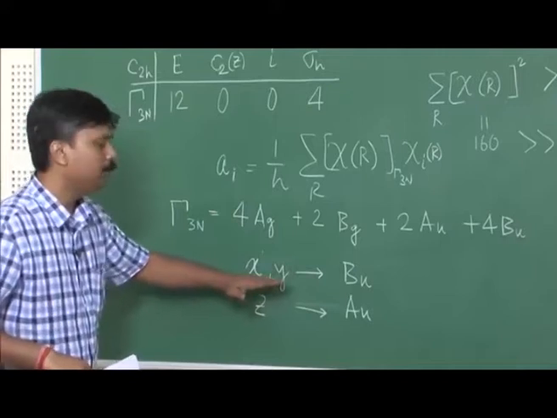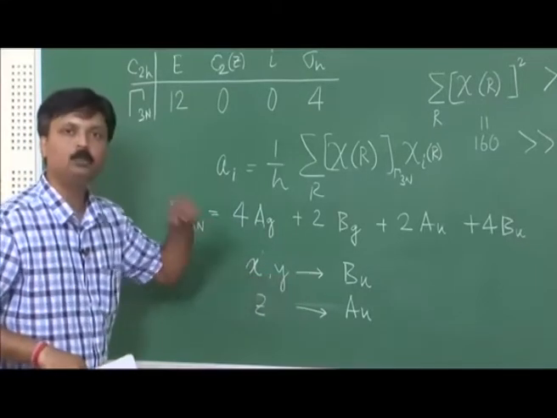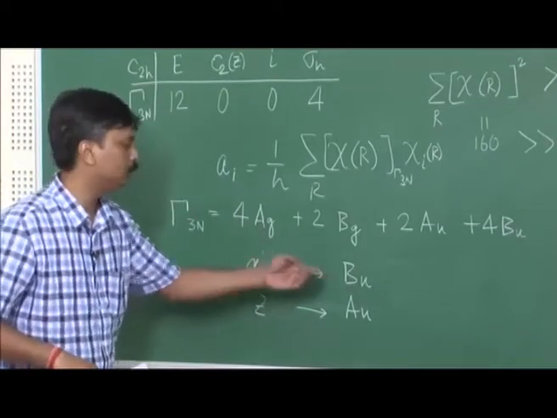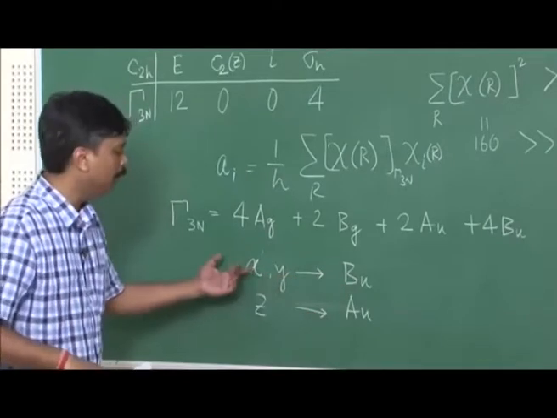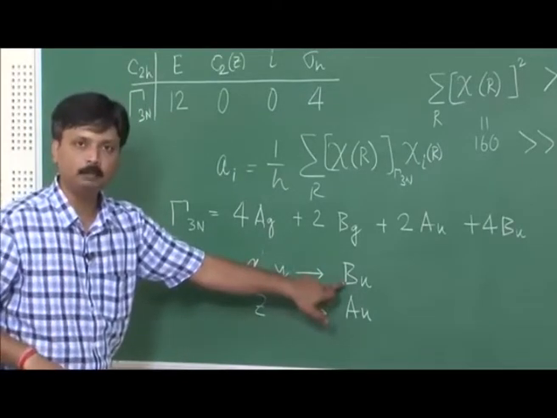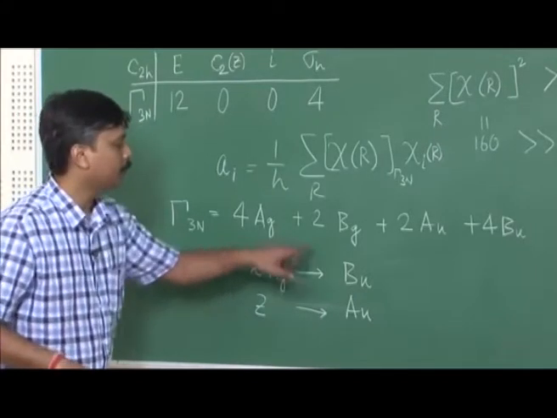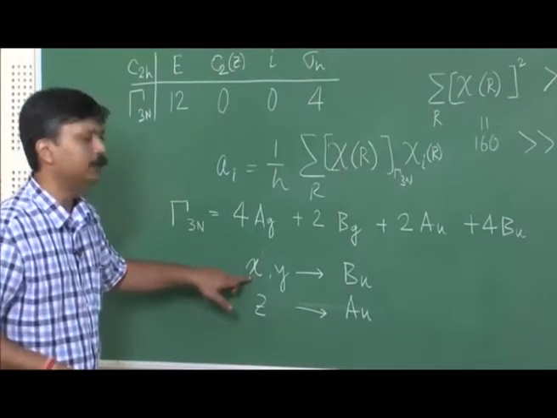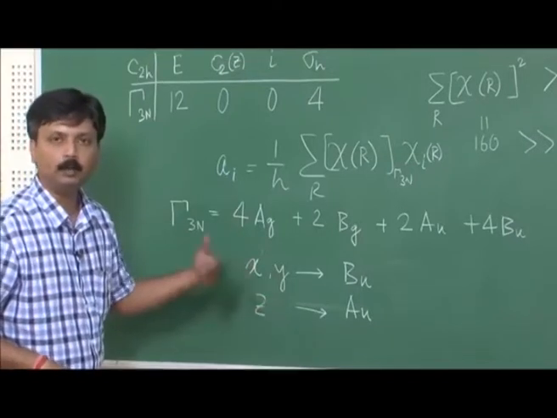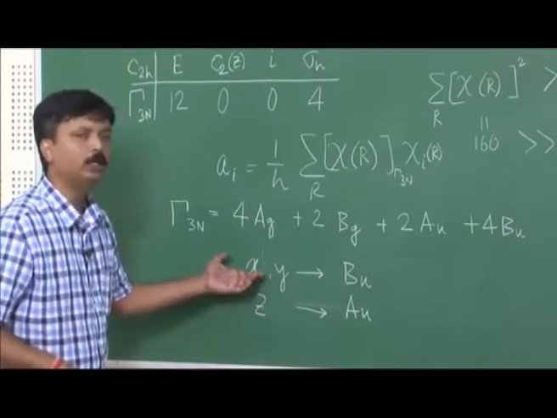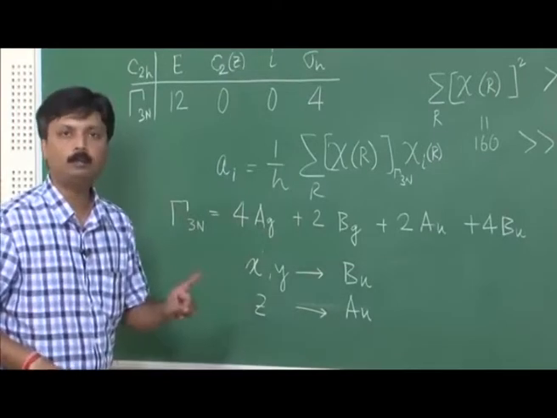So you can immediately figure out that x, y do not transform as Bu together, but individually, because this is a one dimensional representation, right. So one function, like x, is not like xy or xz. So x alone can give you only one dimensional representation.